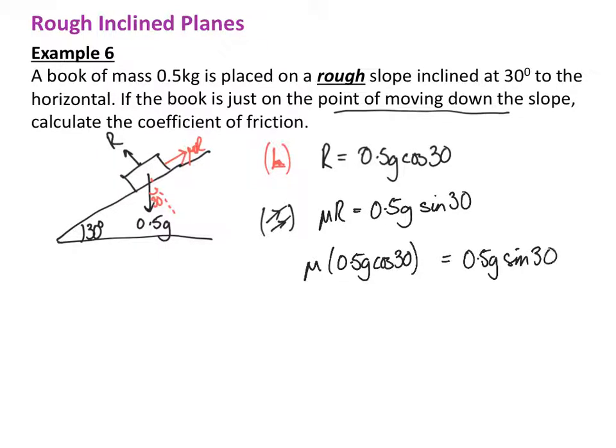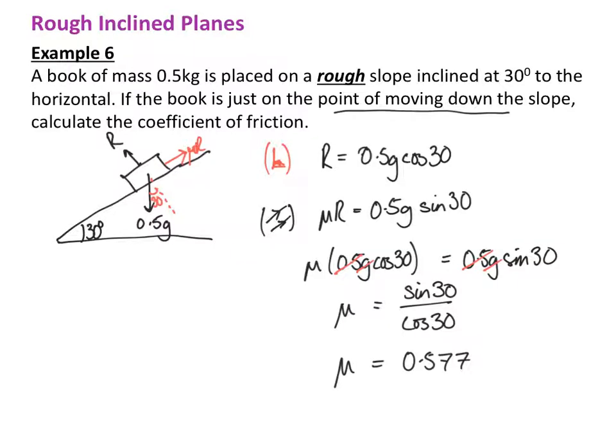That's just filling in for R. And you can see then that both sides have 0.5 and g, and so we can quite quickly see that mu is equal to sine of 30 divided by the cosine of 30. Let me just put that into our calculators and get mu to be 0.577.